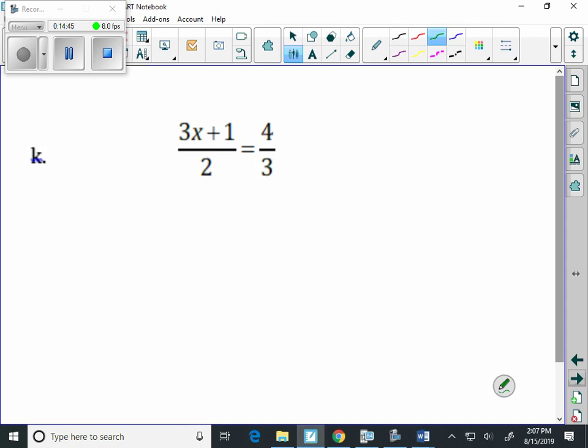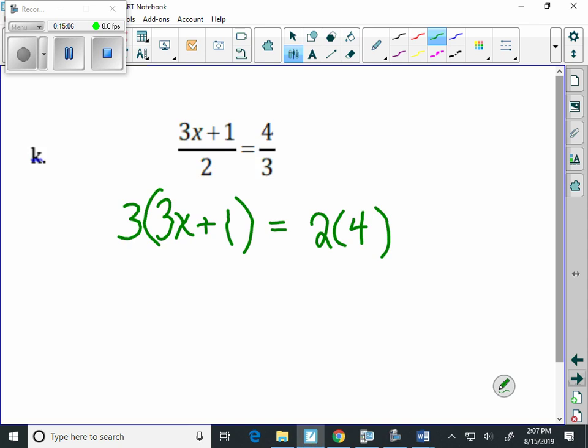So this time I'm going to take 3x plus 1 and multiply it by 3. I personally like to write the 3 out in front. It makes no difference if you put the 3 out back instead of out front. On the other side, then we're going to be doing 2 times 4. And typically, if you're checking your answers on Canvas or something, I have the 8 written already there.